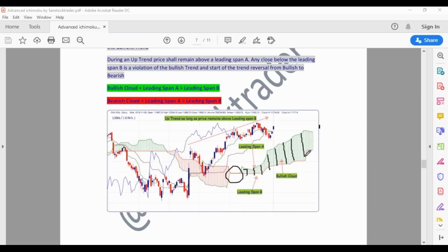So this is one more beauty of the Ichimoku. It not only gives you an idea about the trend, it also gives you an idea about the strength of the trend. If the cloud thickness is getting bigger, that means the trend is getting stronger and stronger. And we all know the cloud is plotted 26 periods ahead in the future. That means this Ichimoku chart gives us an idea about future support and resistance.